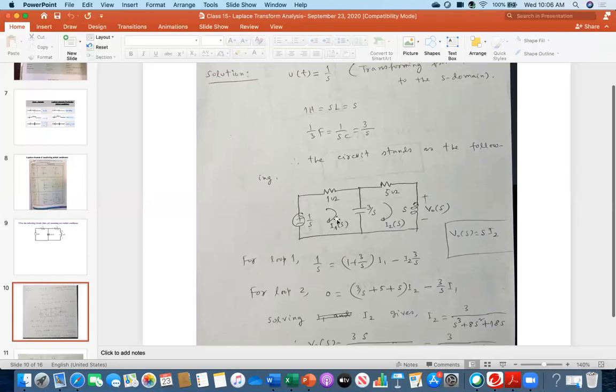I consider two loops: in this loop, I1(s), in this loop, I2(s). Once you draw the Laplace domain circuit, current, voltage, everything will be in terms of s. That's why I have written I1(s), I2(s), V0(s).